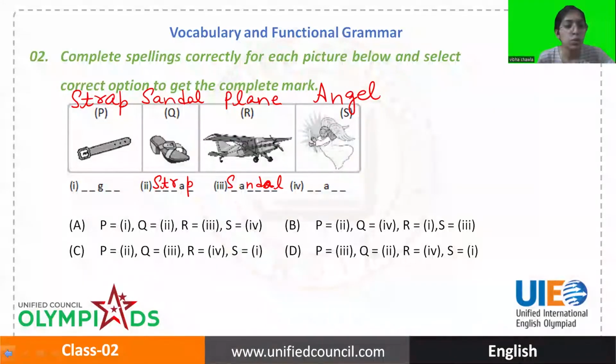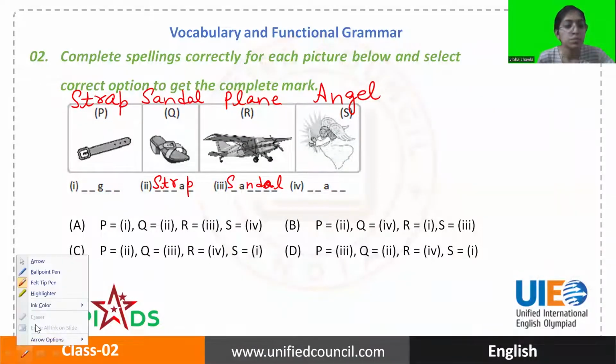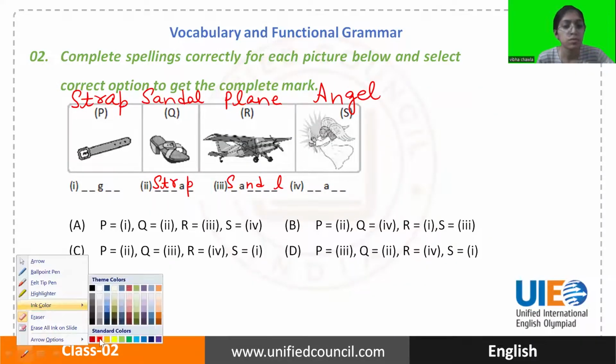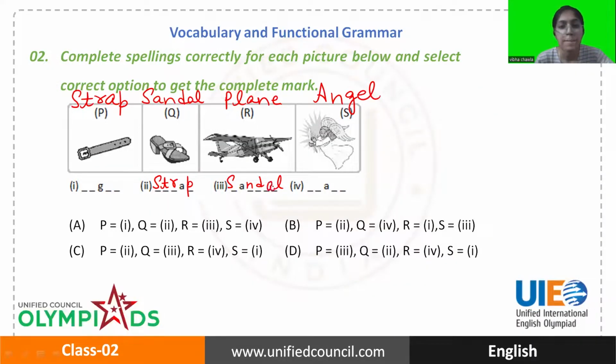It is A, not O, okay? It is A. Then, plane can be filled here. P-L-A-N-E. And angel can be filled here. A-N-G-E-L. So, P, strap, 2.